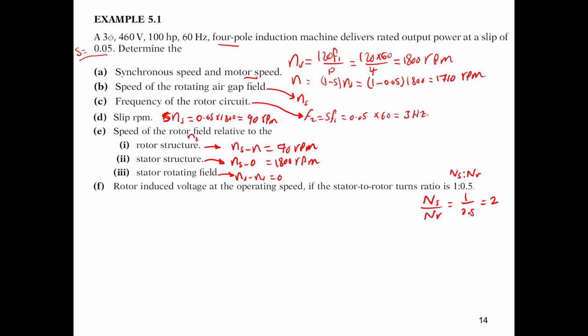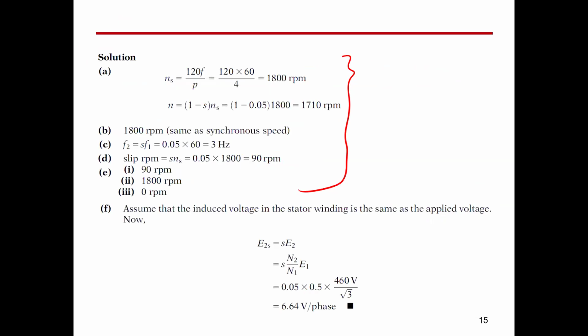So the question here, find the induced volt at the operating speed, which means at the rotor speed, if the stator to rotor turns ratio is this ratio. How can we solve this question? We just derive the relation together. So the induced volt on the rotor winding in motion equals S times E2.